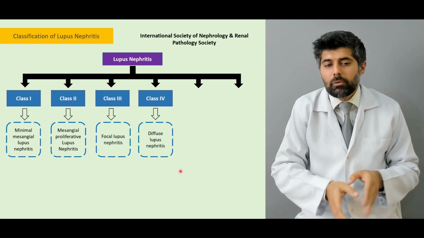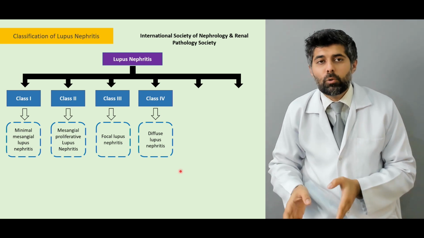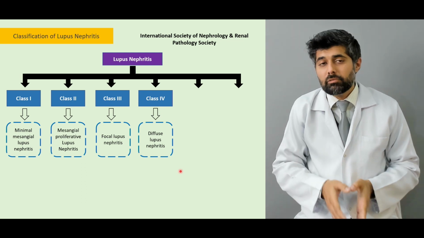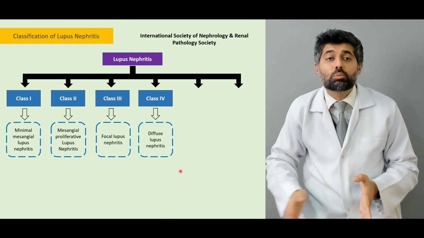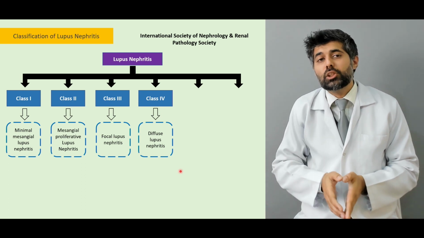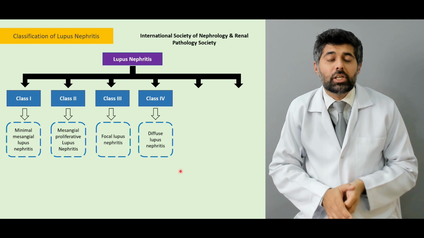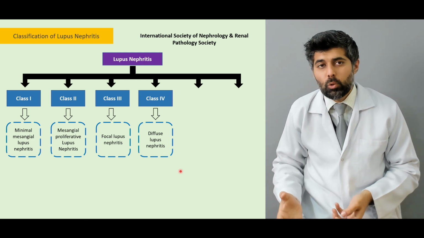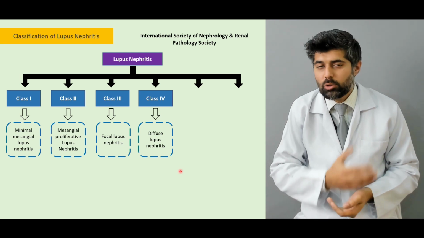So the difference between class 3 and class 4 is that in class 3 glomerulonephritis is less than 50%, in class 4 it is more than 50%. In class 3 the subendothelial deposition of the antibodies is focal, while in class 4 it is diffuse, it is all over.